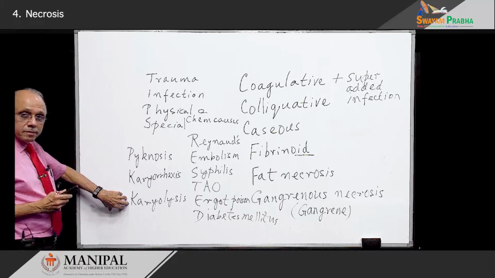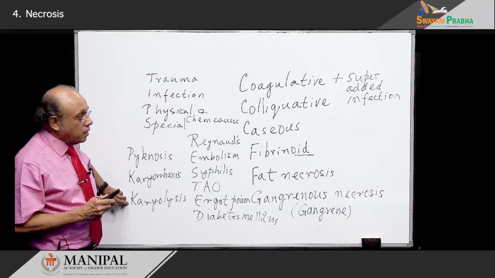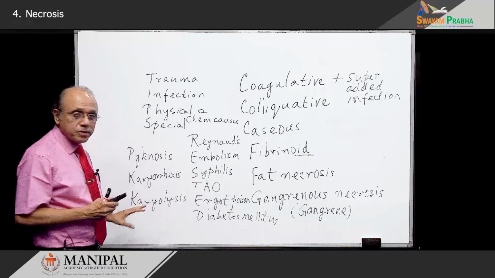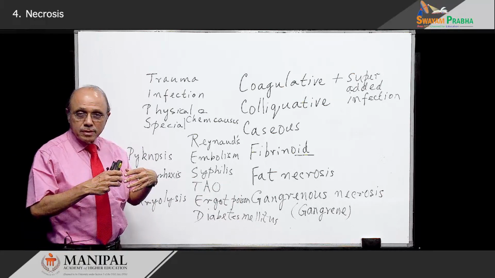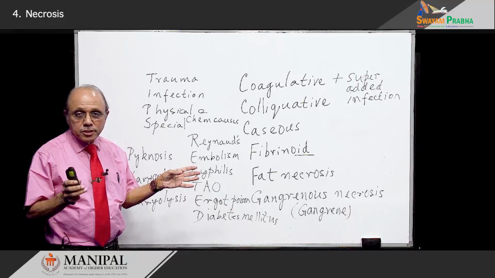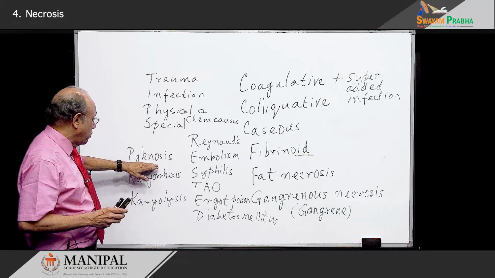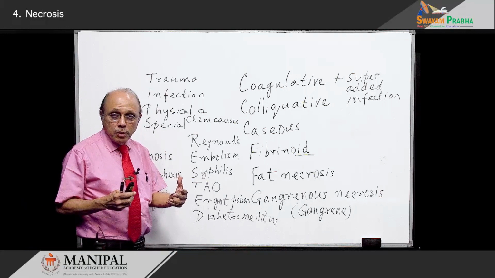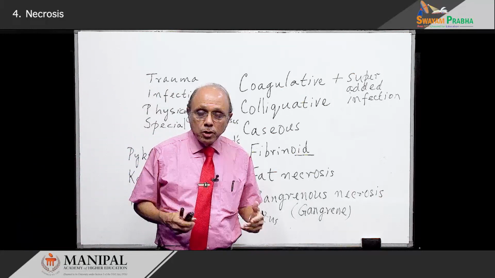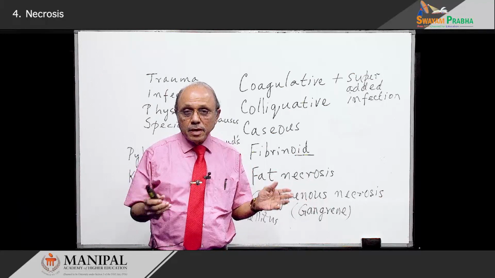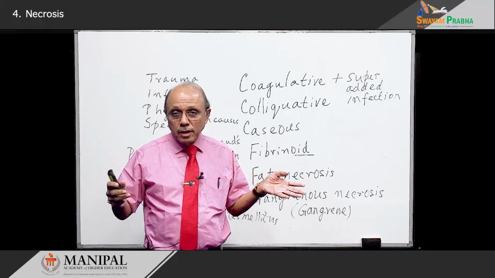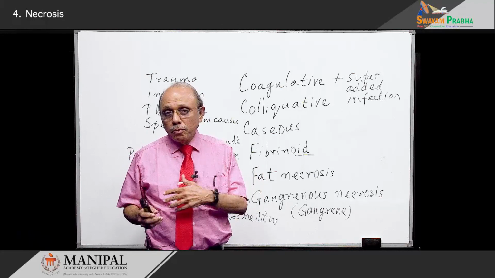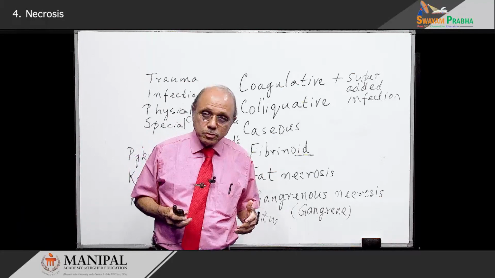It is because of this that in coagulative, or for that matter in any type of necrosis, you do not see the nucleus, because the nucleus has totally vanished. Initially, of course, there would have been pycnosis and karyorrhexis, but by the time you actually get to see the dead, necrotic tissue, you would find that karyolysis has happened. You may see the outline, or you may not, but you will see only pink material that would be representing necrosis.